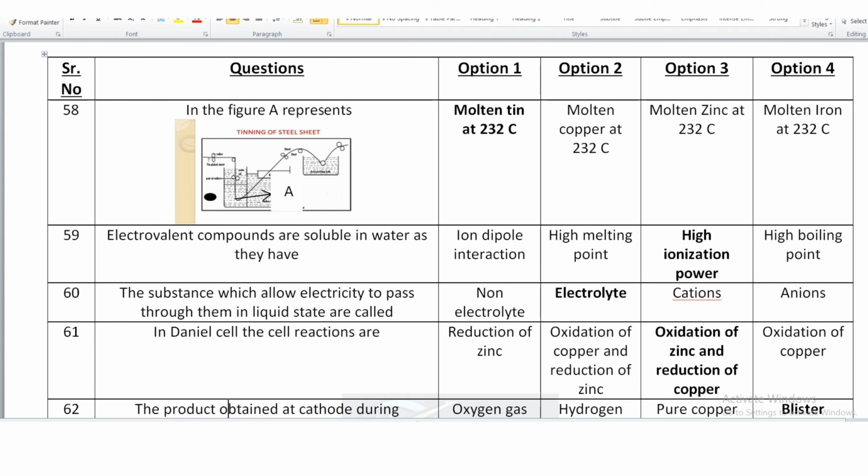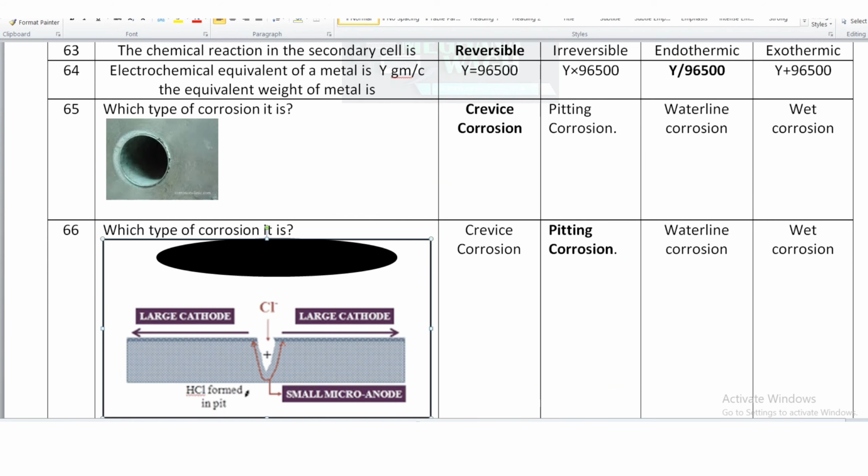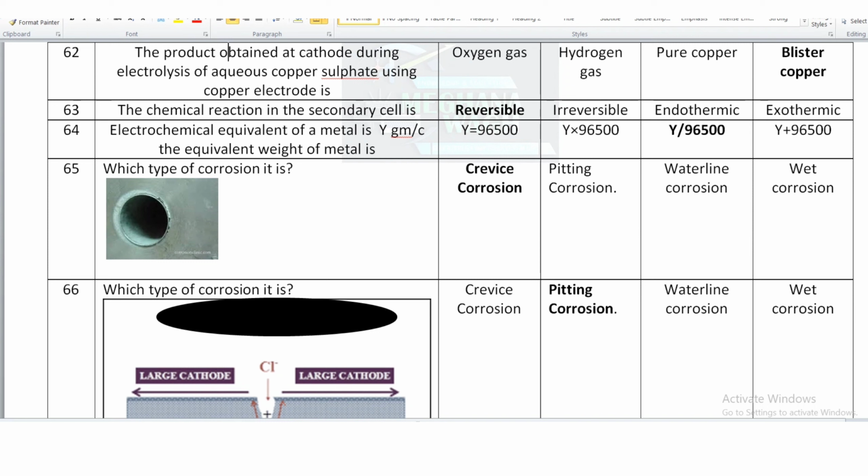Then the next question, number 62: the product obtained at the cathode during electrolysis of copper sulfate solution is blister copper. The chemical reaction in a secondary cell is reversible.